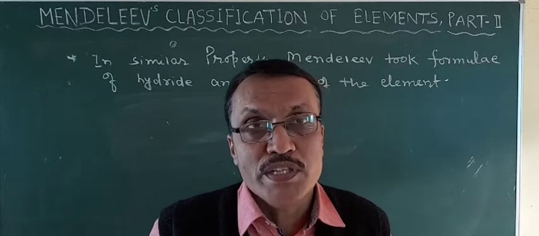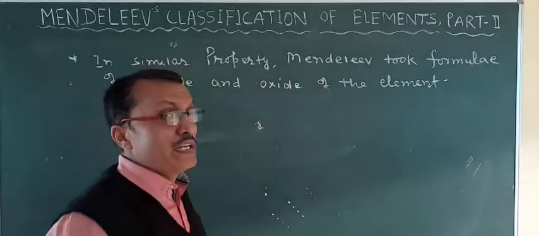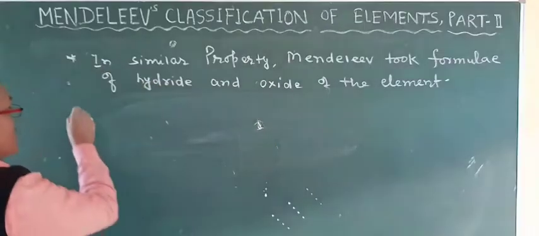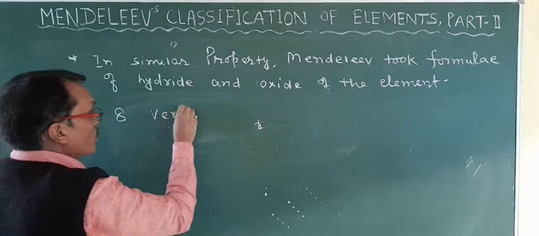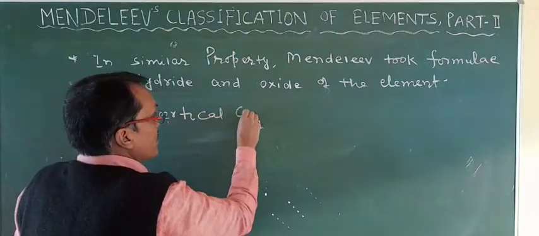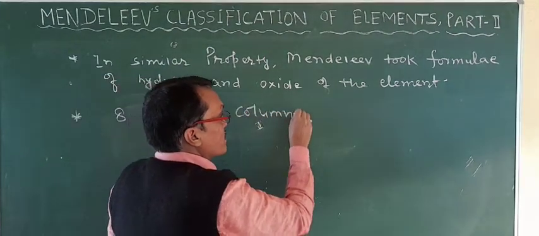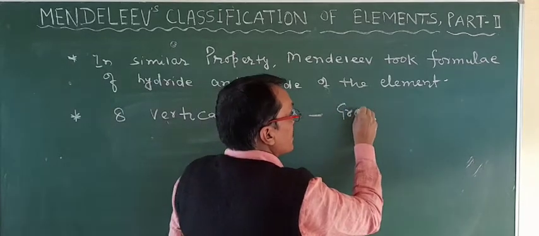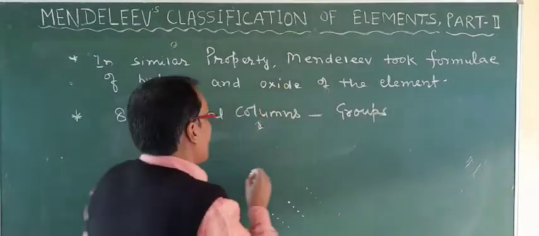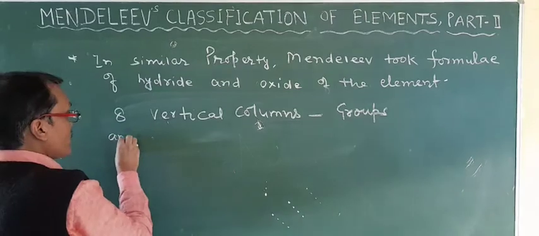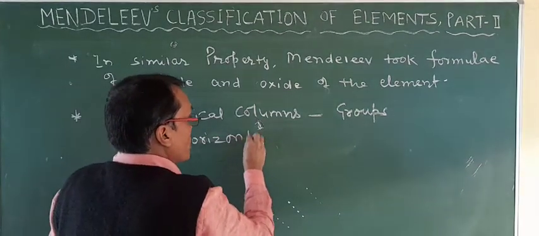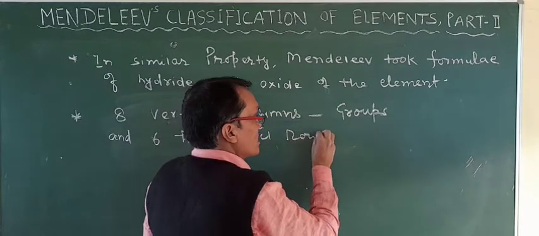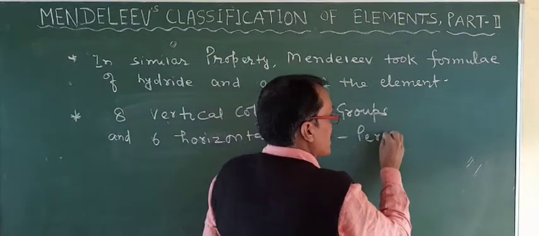So students, Mendeleev arranged all the 63 elements in 8 vertical columns, known as groups, and 6 horizontal rows known as periods.